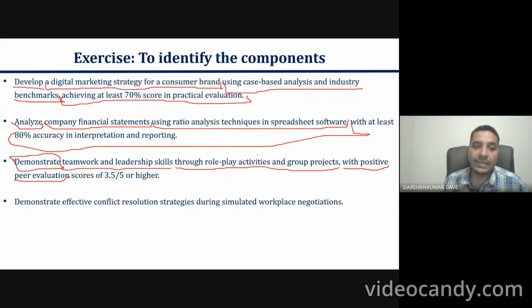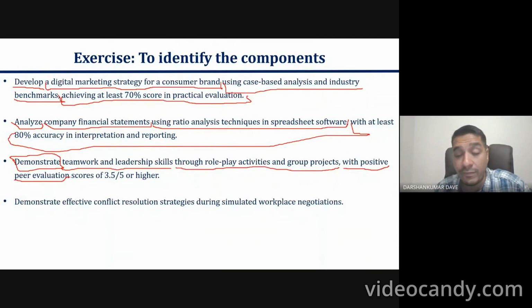So out of 5, at least a 3.5 score he should have gained. That is the concept. Am I clear, sir? Positive peer evaluation is nothing but taking the feedback from the peers. Is that okay? Is that clear? Yes, sir. Okay.